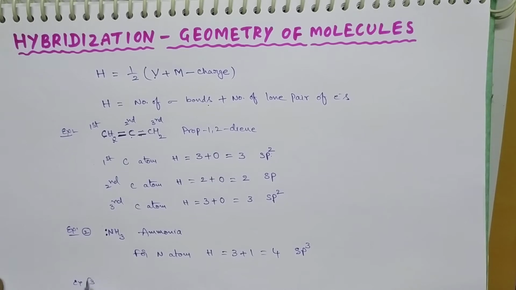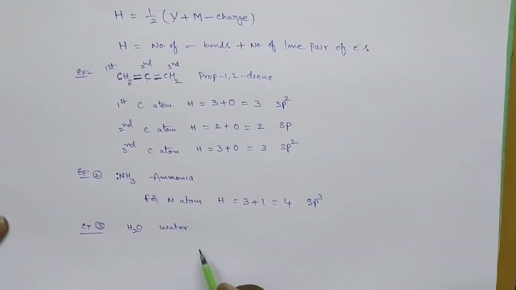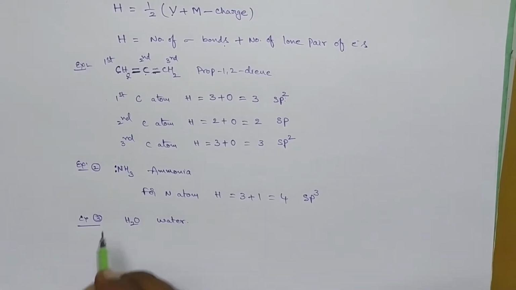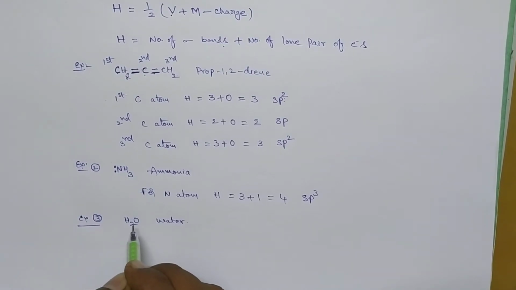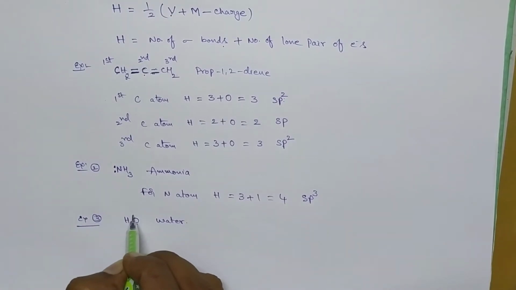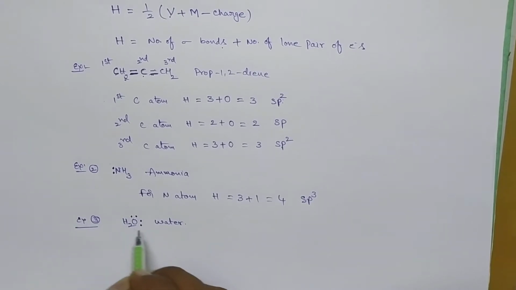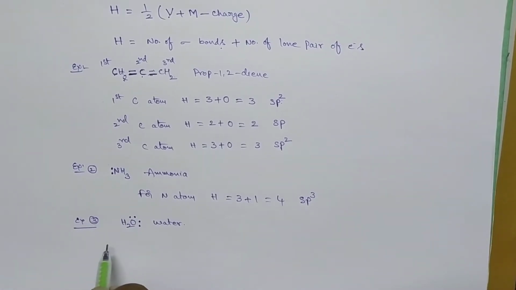Let us take another example, that is H2O, water. In water, the central atom is oxygen. The valence electrons of oxygen are 6. Among these 6 electrons, 2 electrons form 2 bonds with 2 hydrogen atoms, and the remaining 4 electrons are present as 2 lone pairs.